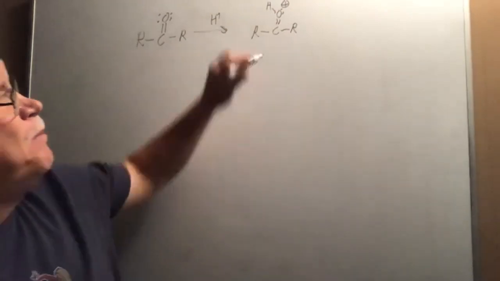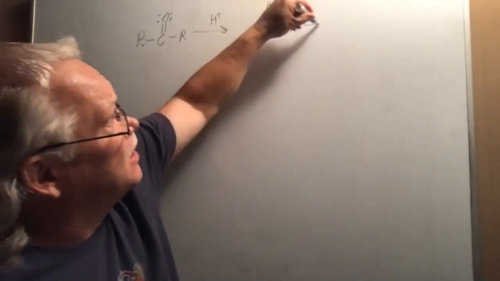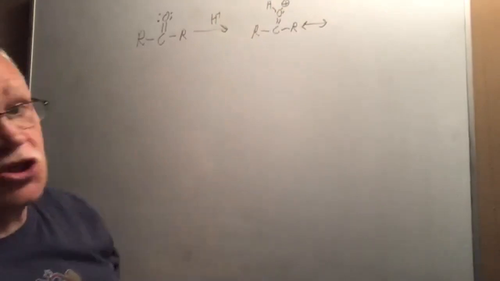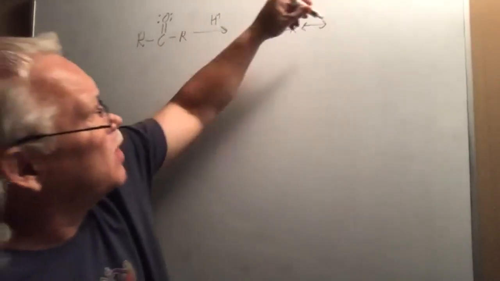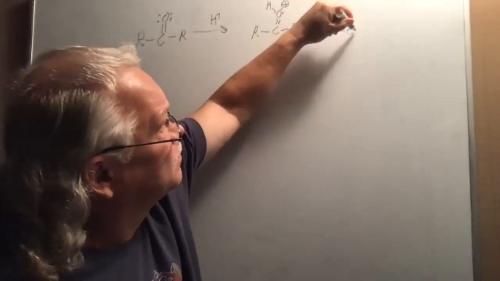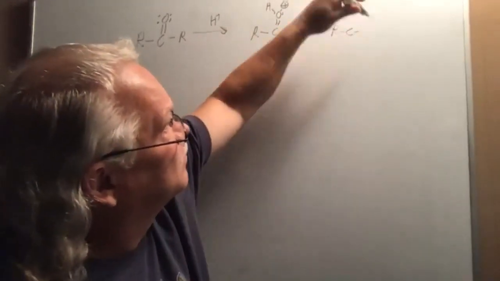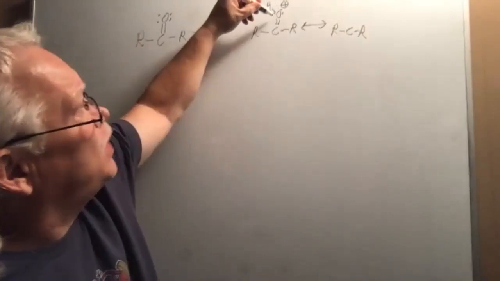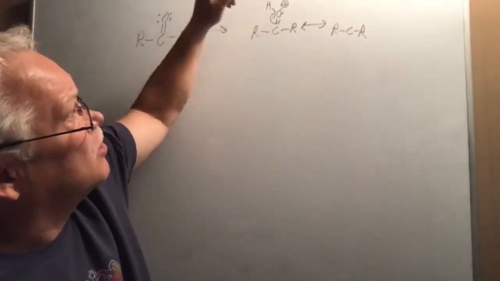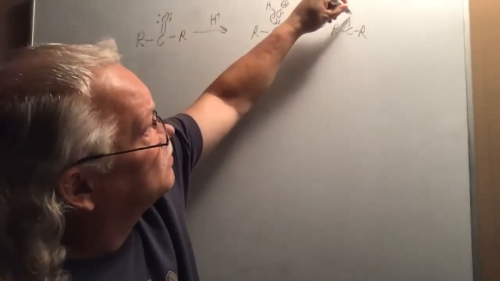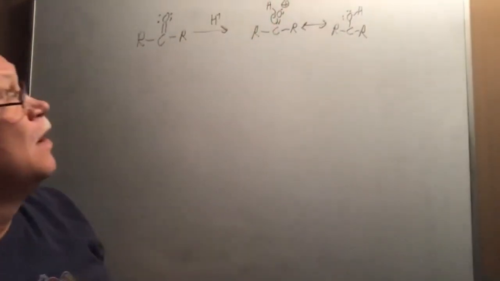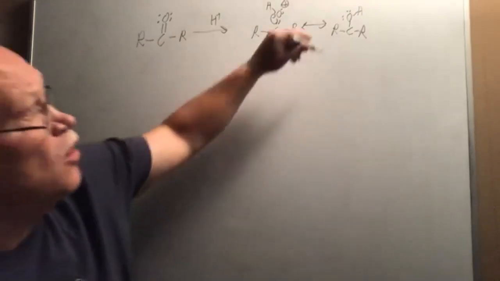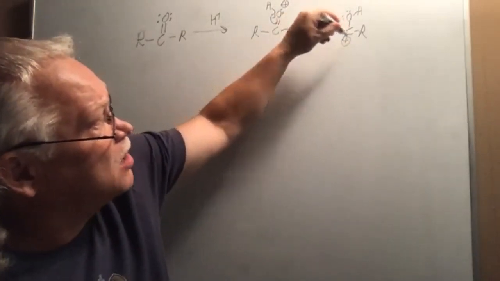Now, because this is protonated, we can draw a resonance structure for this. It's not a good resonance structure, but it is a resonance structure. Notice we can bring this pair of electrons up onto the oxygen. When I do that, notice this carbon becomes positive.